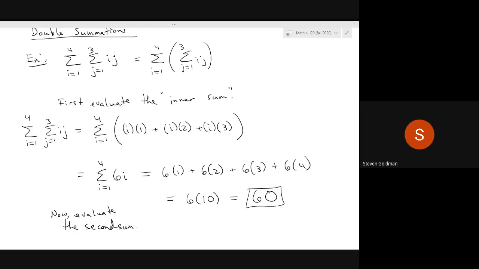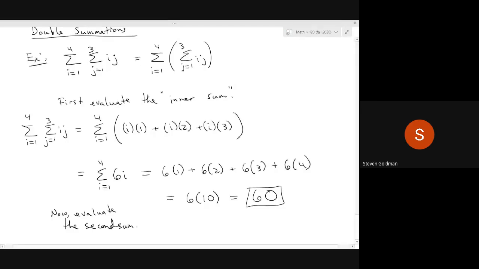Okay. So I'm now going to give you a couple of other summation formulas that are used a lot. If you've done calculus, especially integral calculus, you will have seen several of these.